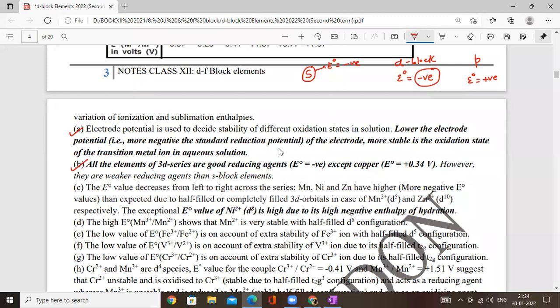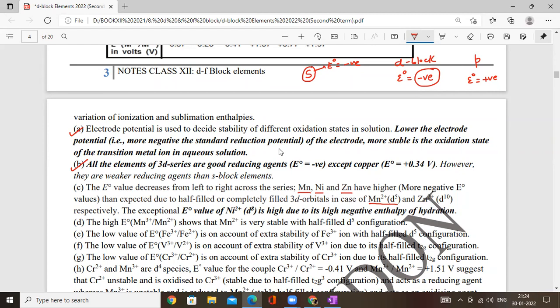If I am talking about Mn, nickel, and zinc, the more negative E naught value of Mn is because Mn2+ has a half-filled d orbital configuration, and because of this half-filled configuration, it has a negative value of E naught.